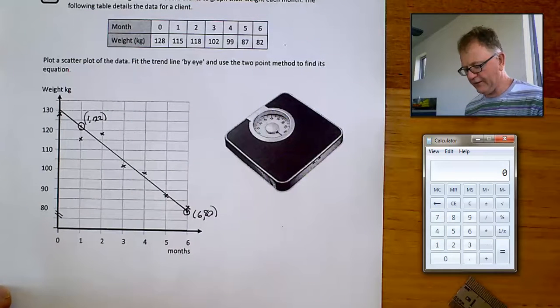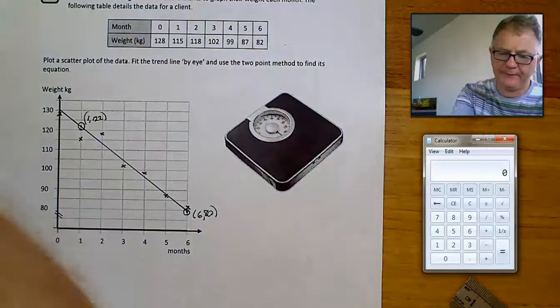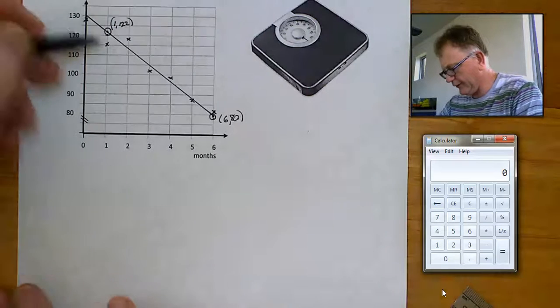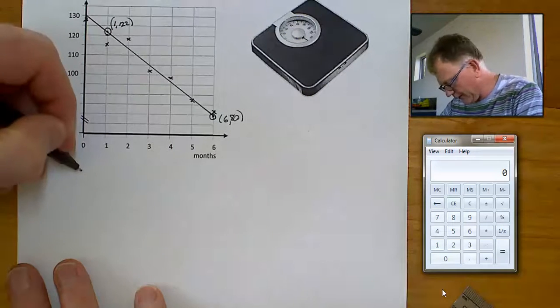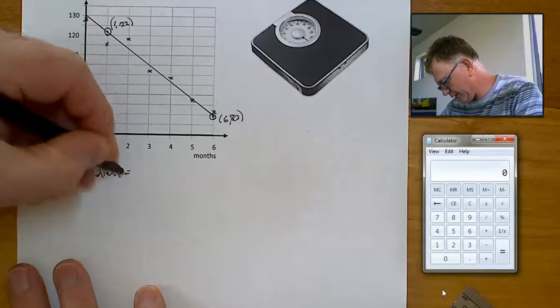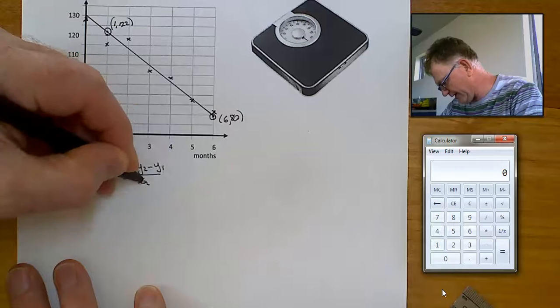I'm going to now work out the equation of the line that joins those 2 points. I'll just move my paper up. That's better. So let's work out the equation joining 2 points, which can be found in 2 steps. First of all, we'll work out the gradient between those 2 points. And we'll do that using the formula y2 minus y1 over x2 minus x1.